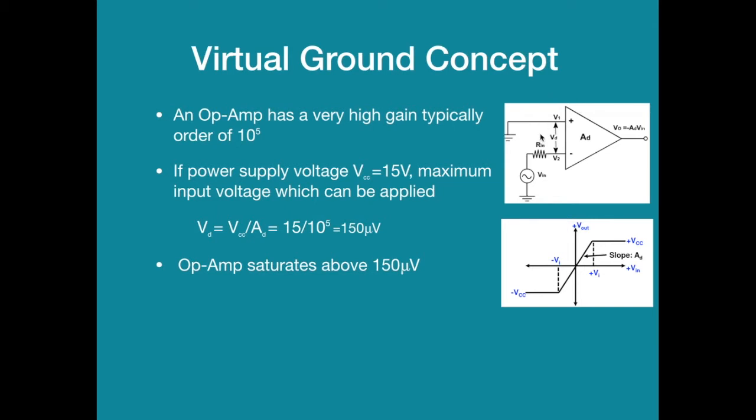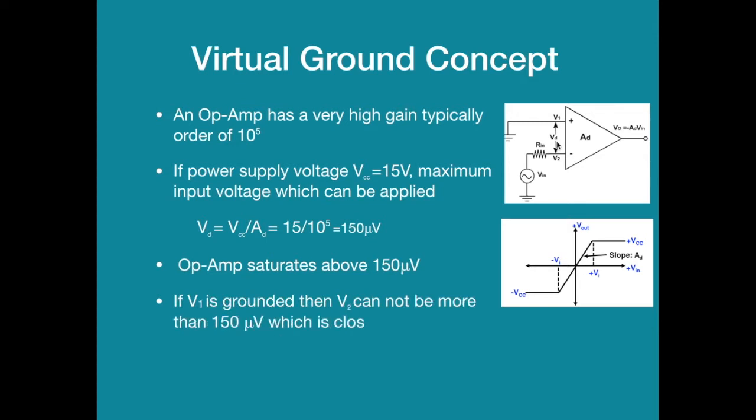The difference voltage should be very small for linear operation of this amplifier. That is, for this operational amplifier to amplify linearly to give amplified output, the input difference voltage should be almost equal to 0, right? So in inverting amplifier, we know that V1 is grounded, that is the positive end is grounded.